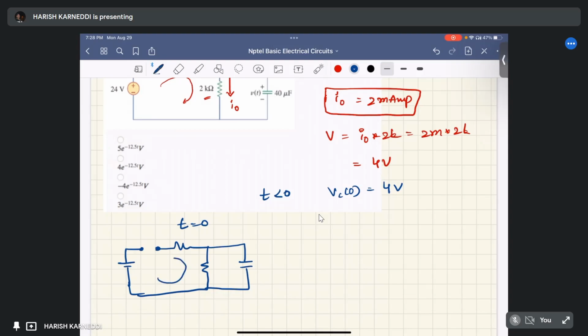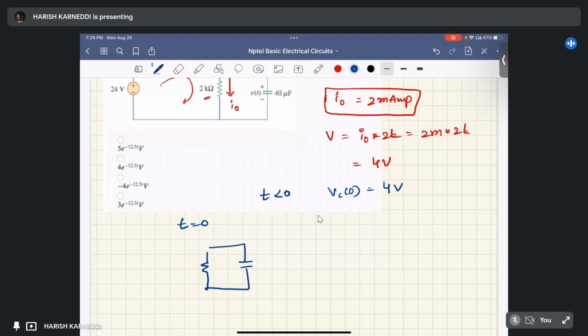So it's not a loop, and the current I equals 0. So we can erase this part of the circuit, because the current is 0 in this particular branch. It's not a loop, it's an open network.